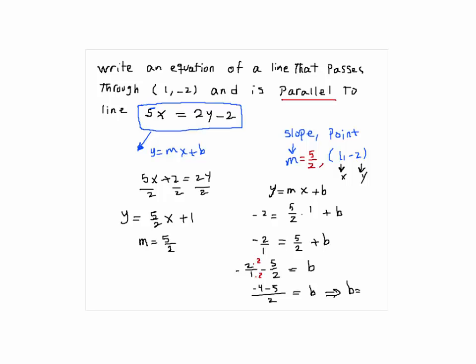B, or the y-intercept, is equal to what? -9/2. -9/2, and we're done. So if I write y = mx + b, the equation of the line would be y = 5/2 x - 9/2. That's how you write the equation of the line.